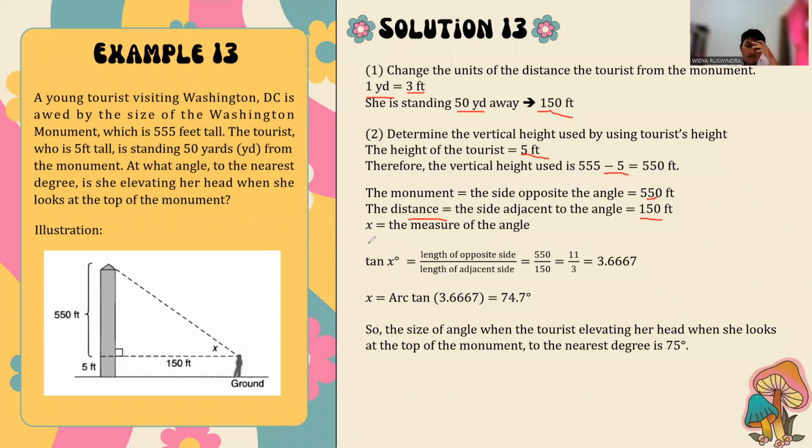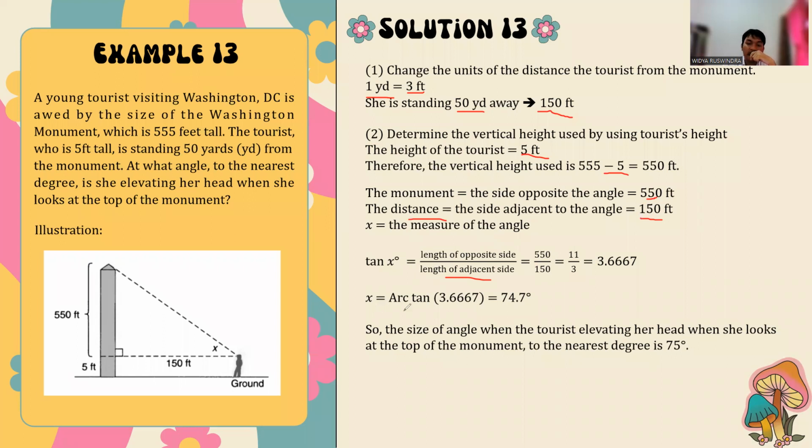So tangent x is the length of the opposite side over the length of the adjacent side, which is equal to 550 over 150, equal to 11 over 3. This is the value: tangent of x is 3.6667, and we want to know the x value.